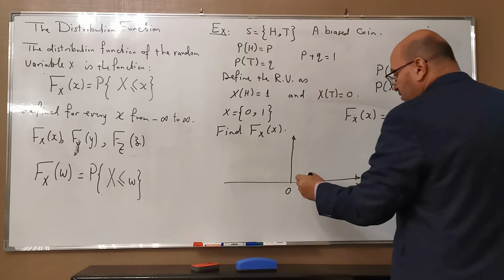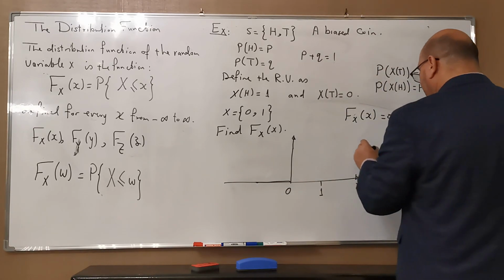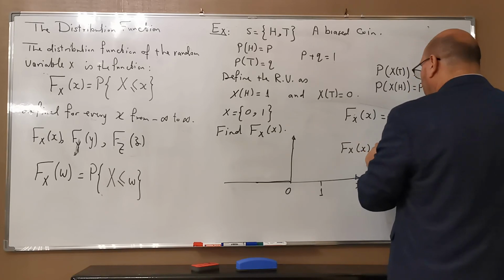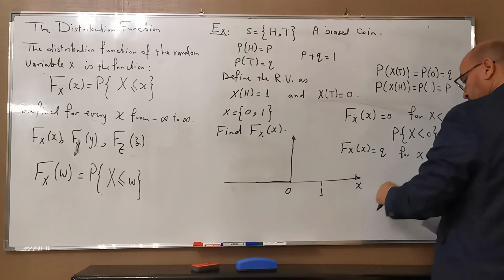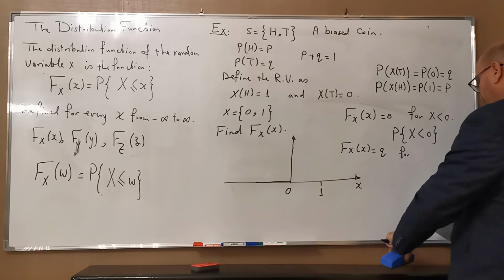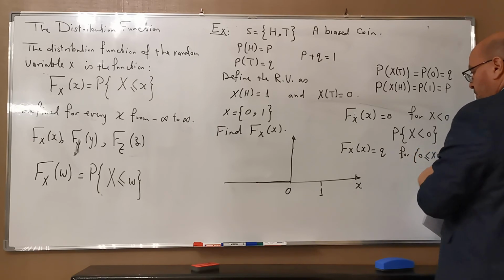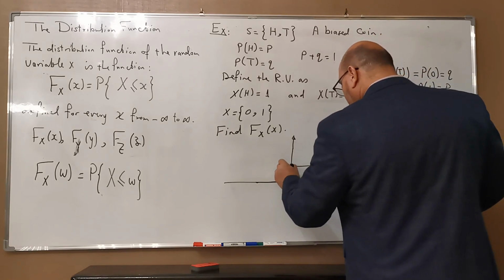If it's not equal to 0, then you have 0 here. Once fx of x equals q for x greater than or equal to 0 and less than 1. So you have q until 1.